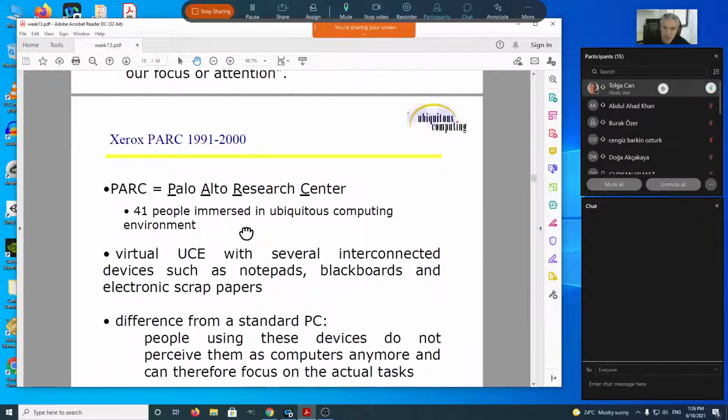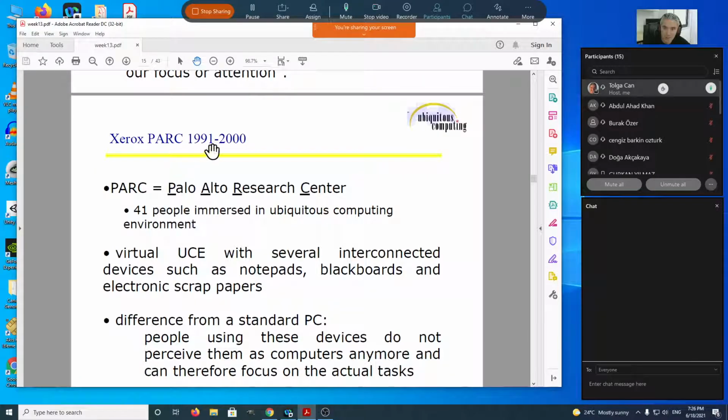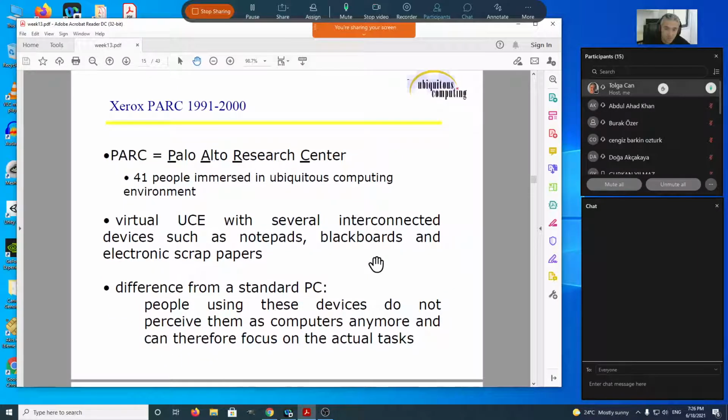So Palo Alto Research Center in the 1990s, 41 people immersed in a ubiquitous computing environment, in which they designed different interfaces, they experimented with different things. They had notepads similar to the iPads we use today. They had wall screen displays, blackboards, electronic scrap papers.